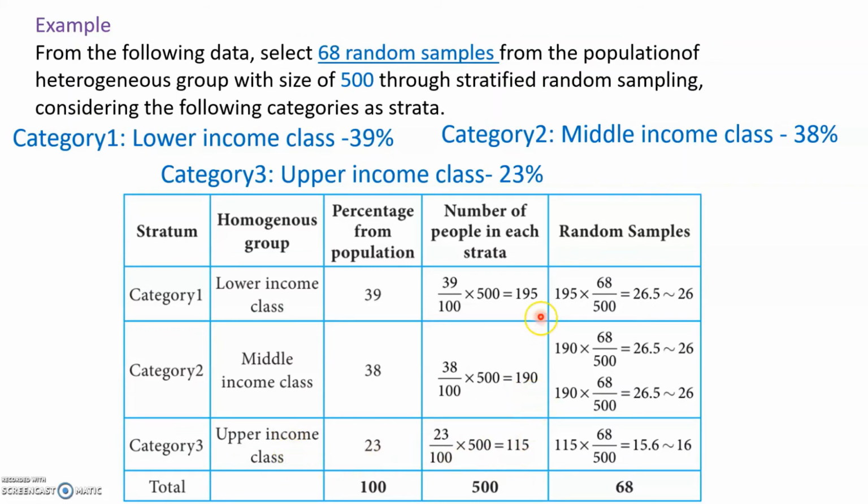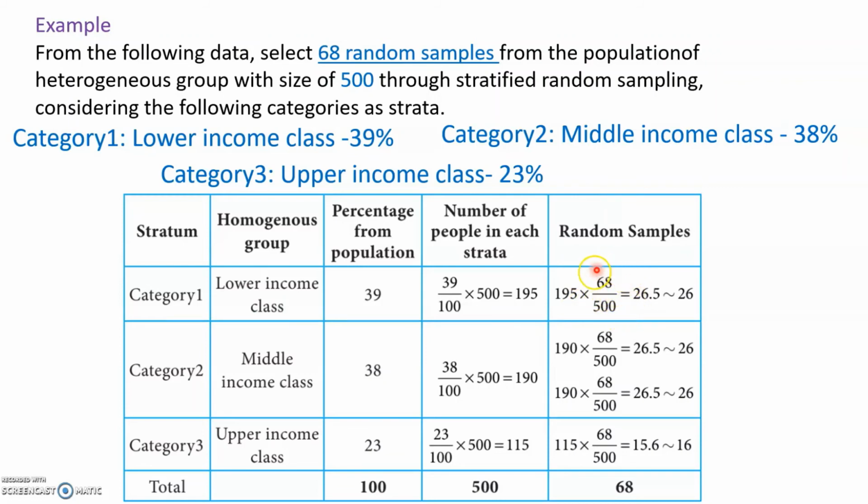All right, so now that we have the number of people who fall in each category, I'm going to use this number to find my samples. How would I do that? Again, it's a percentage method. I'm going to multiply this 195 by 68 over 500.